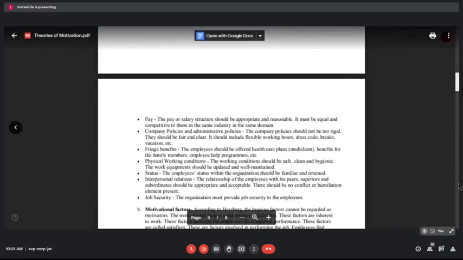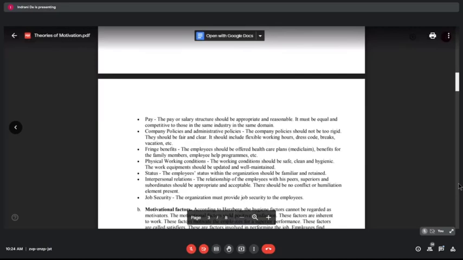When you are working in a bank, you will compare with another bank. You are under the banking industry, so both of you belong to the same industry. You will compare your salary with your friend's salary who is working in a separate bank, but both of you are in the same industry. Got it? So it must be equal and competitive to those in the same industry, in the same domain.